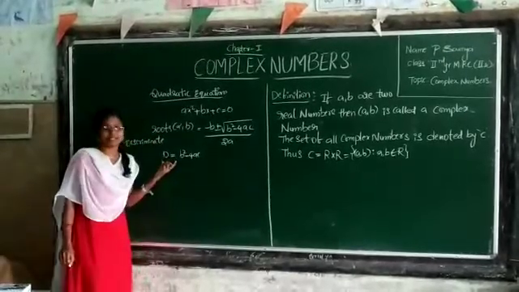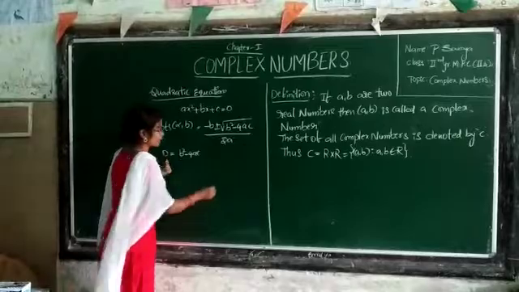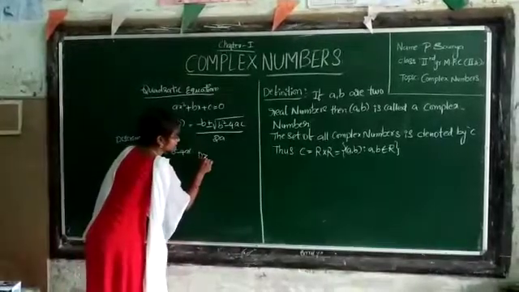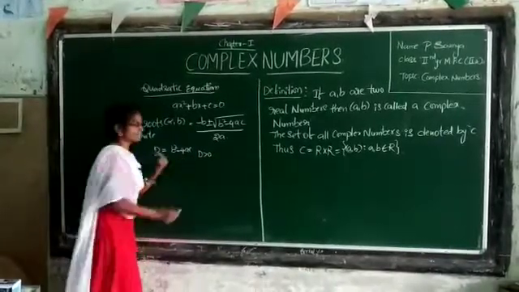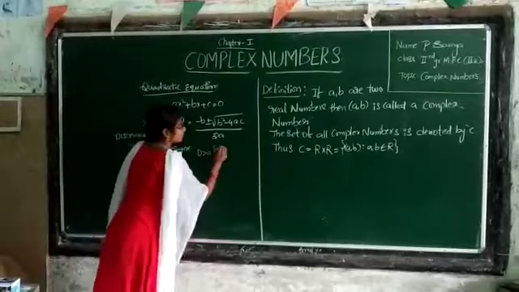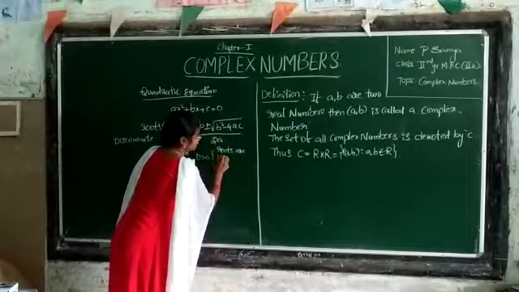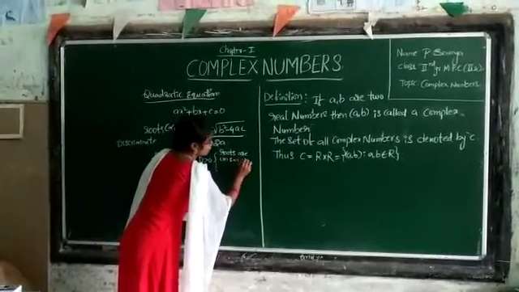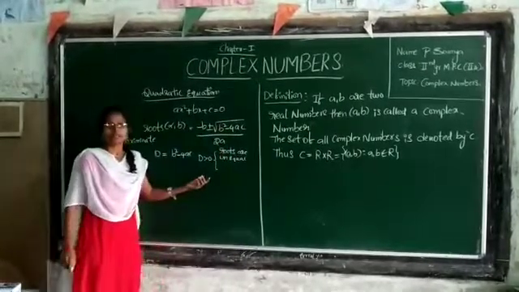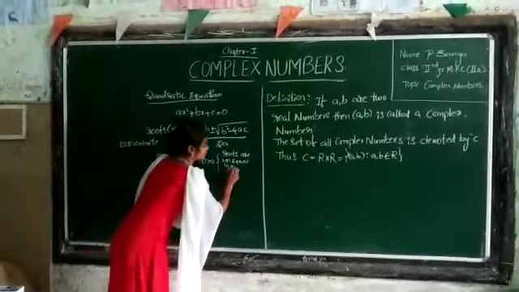Here the discriminant has some types. Suppose D is greater than 0. It is considered that roots are unequal and roots are real.